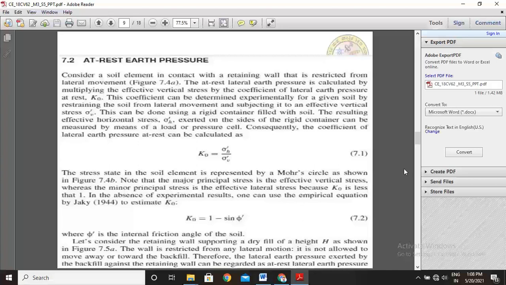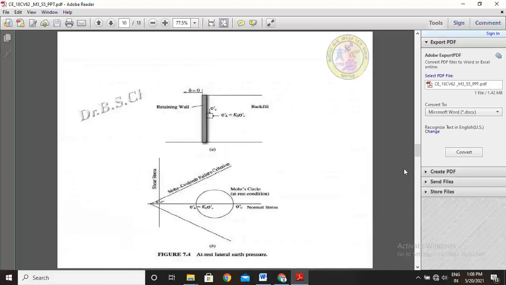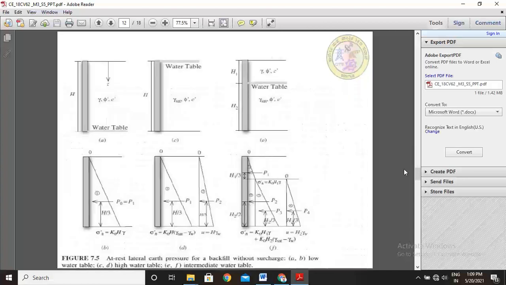Let us consider a retaining wall supporting a dry fill of height h, as shown in figure 7.5a. See, 7.5a means this figure. This is the vertical wall of the retaining wall of height h, with the water table at the base, and these are the soil properties: gamma, phi dash, c dash. Then how is the stress distribution diagram plotted?